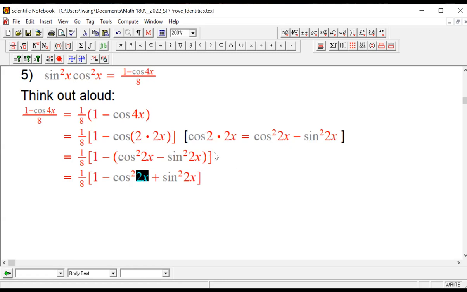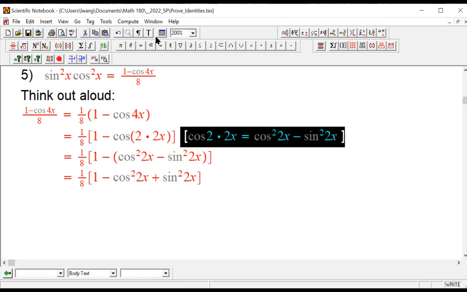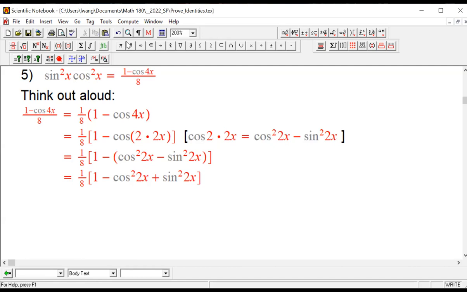Well, you may think of using the double angle one more time. So I'm going to take our previous formula, cosine 2 times omega. So this is omega.